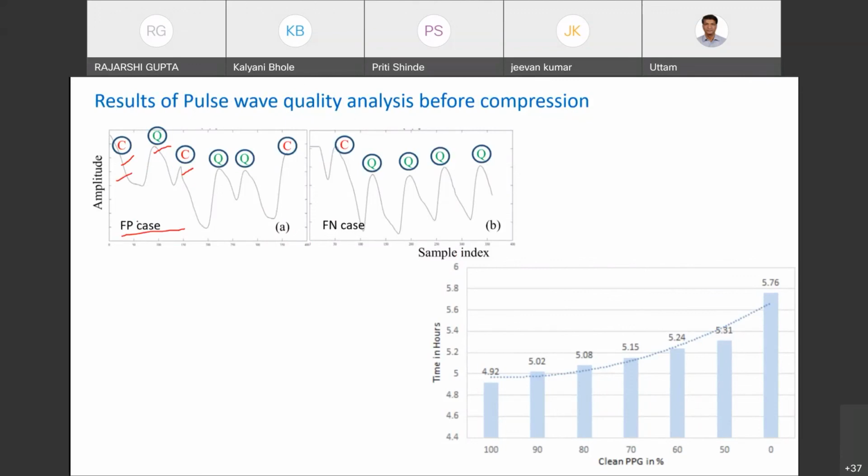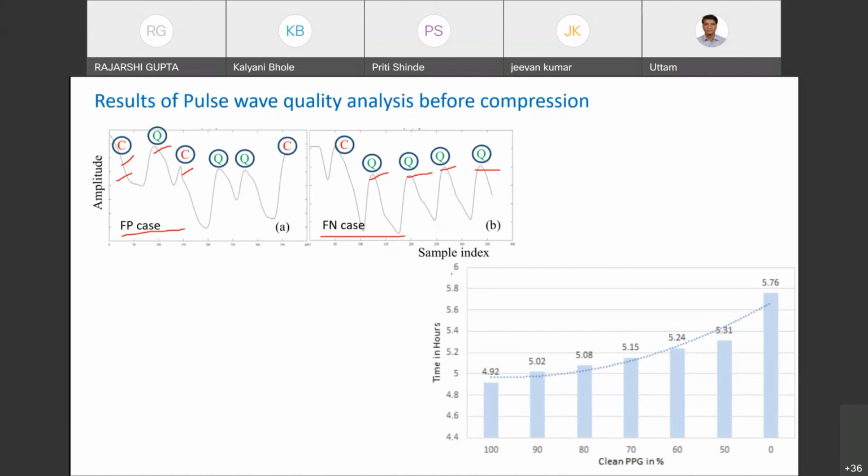On the other hand, this is a false negative case, because my algorithm predicted it as a corrupted segment, whereas I have an ample number of good quality pulses. So these two cases I have shown. Obviously, however accurate you want to develop your algorithm, there will be some errors. So these classifier errors are basically these false positive and false negative cases.